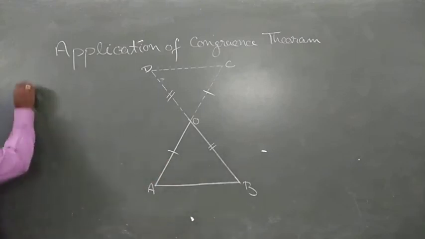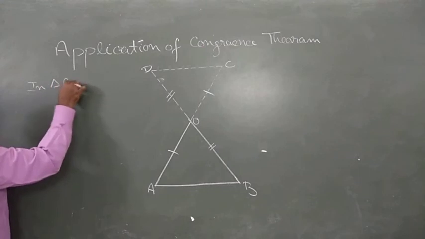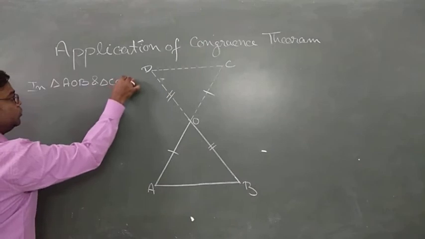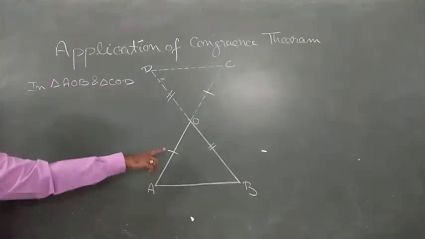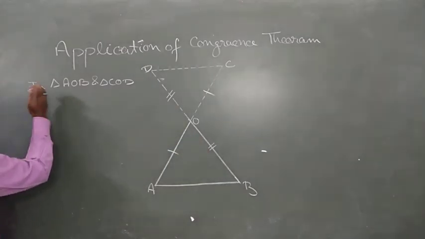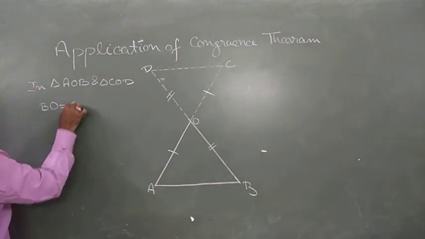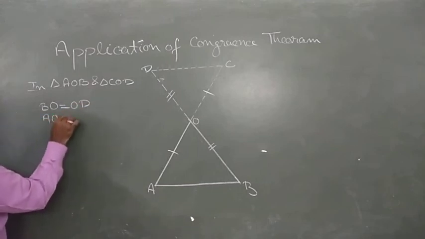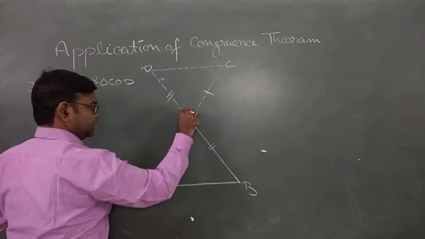First, we prove the congruency in triangle AOB and triangle COD. In these two triangles, as we know, this side equals to this side. So, sorry, it's BO equals to OD, it's given, and also AO equals to OC, it's also given. And this angle is equal to this angle.